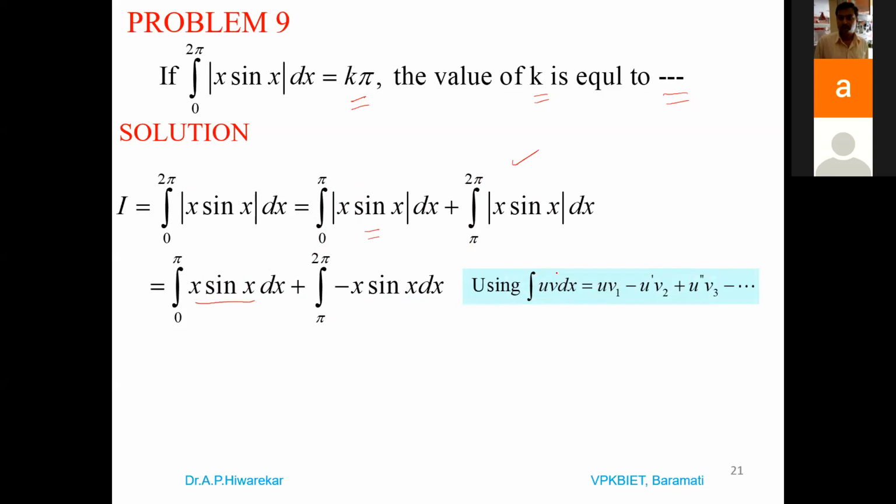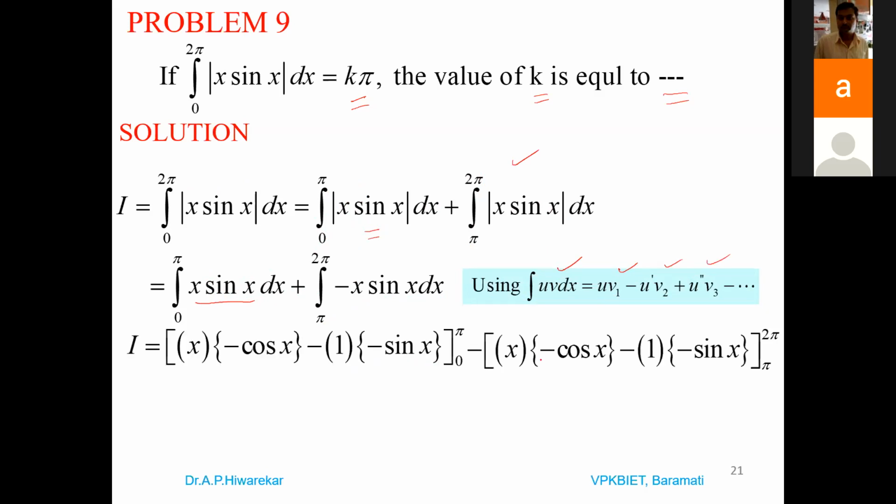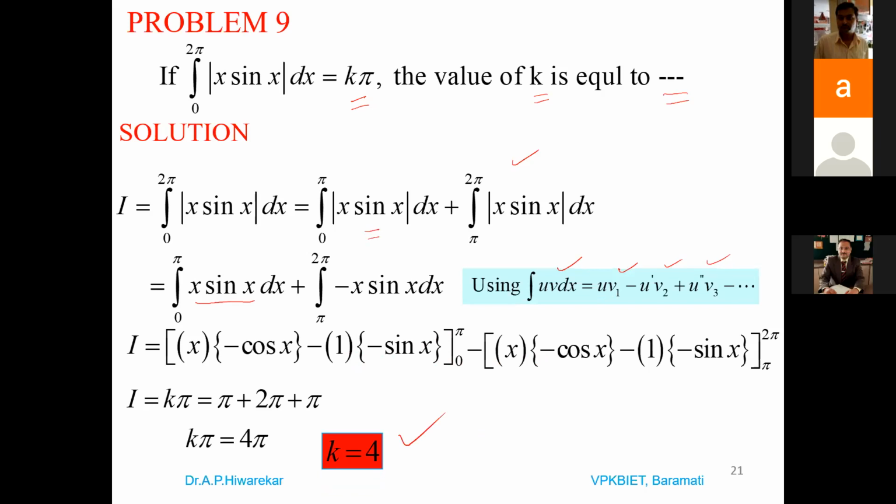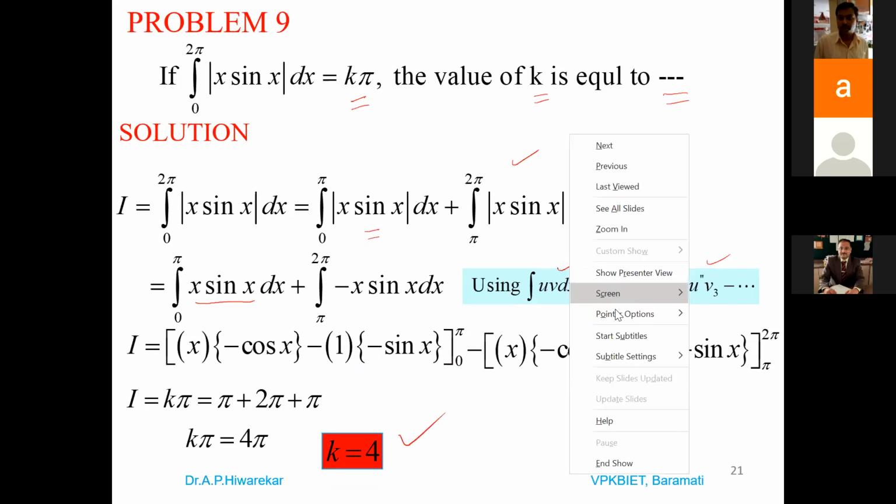So using integration by parts, uv dx is uv1 minus u dash v2 plus u double dash v3. And just go through the solution of this problem, and you will find the answer as k equal to -4. So take a screenshot of this and go through carefully the steps which are performed to evaluate this particular integral.